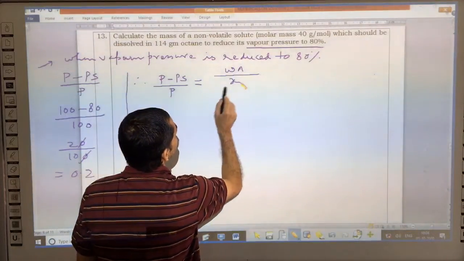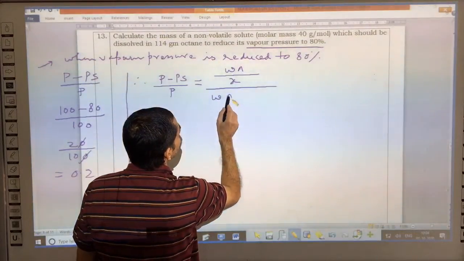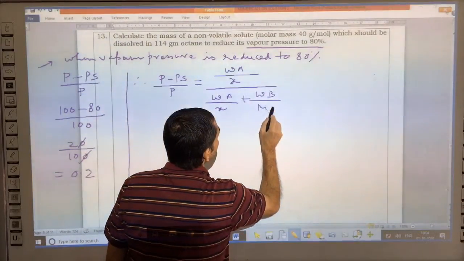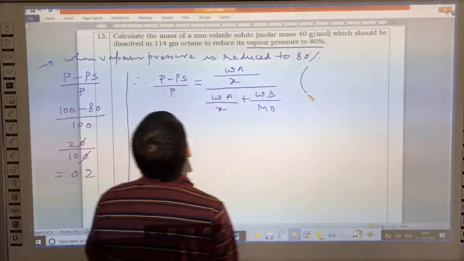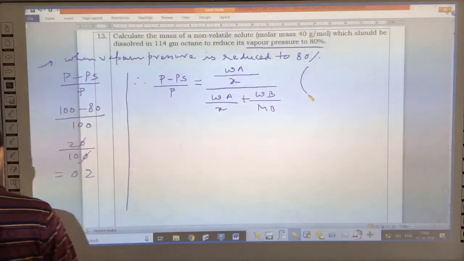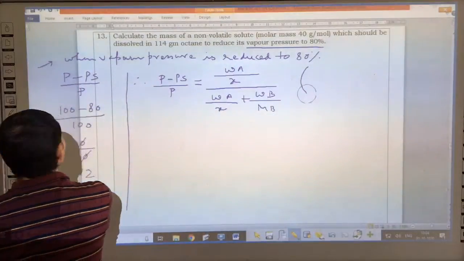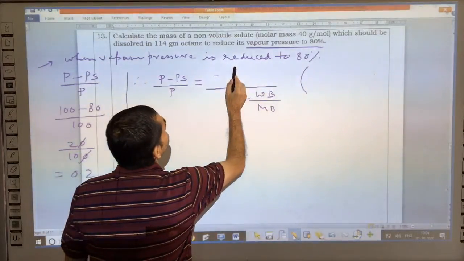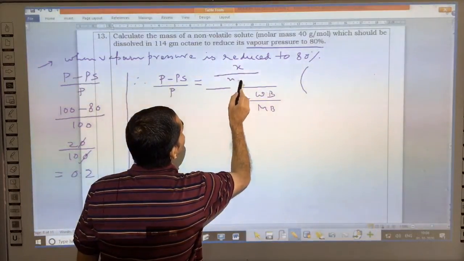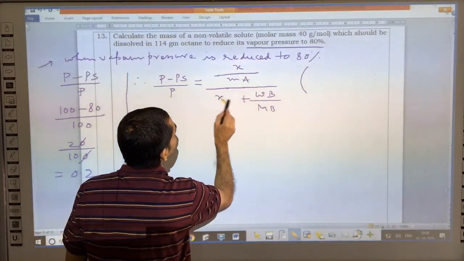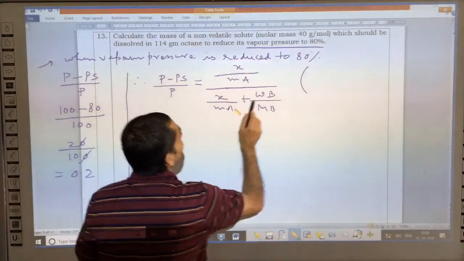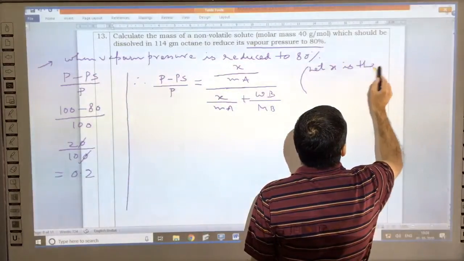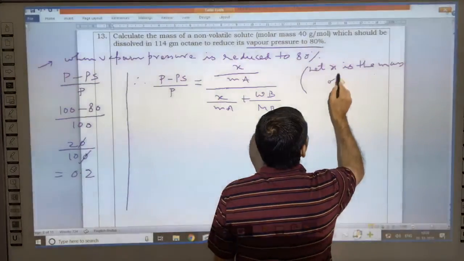Let X be the mass of solute which you have to calculate.